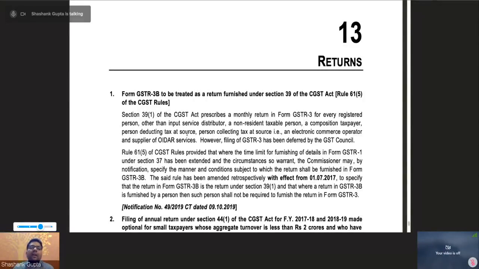Owing to this lacuna in the law, a case was filed in Gujarat High Court in the case of Aap and Company.